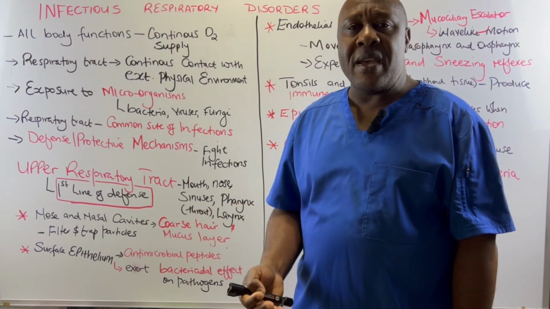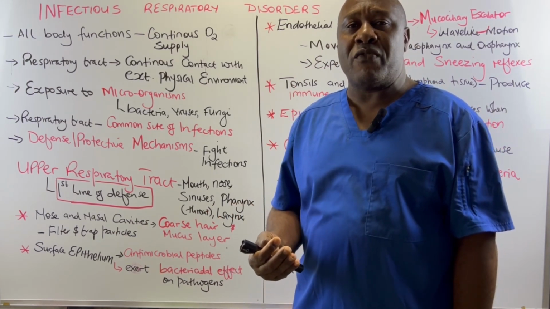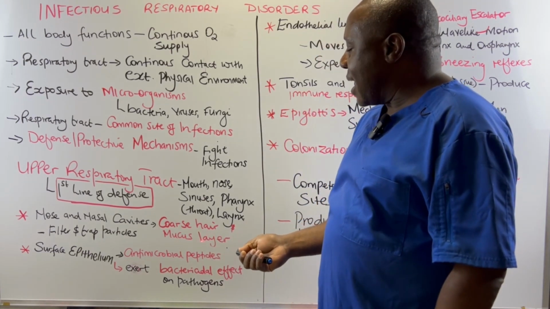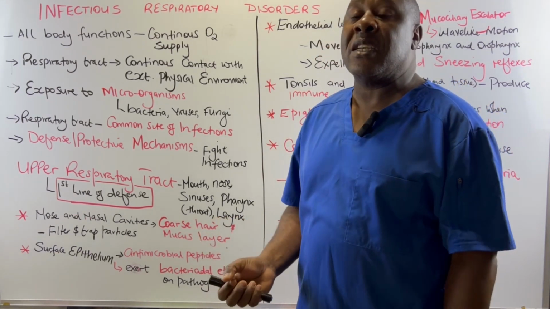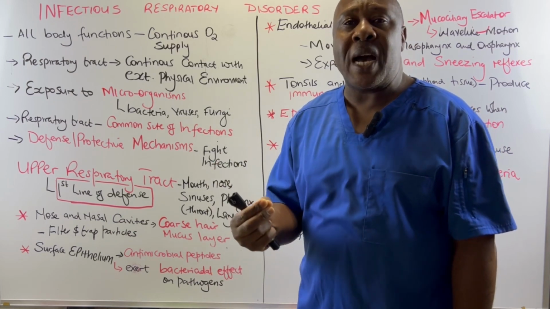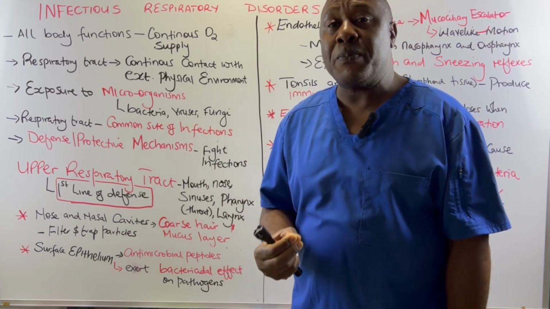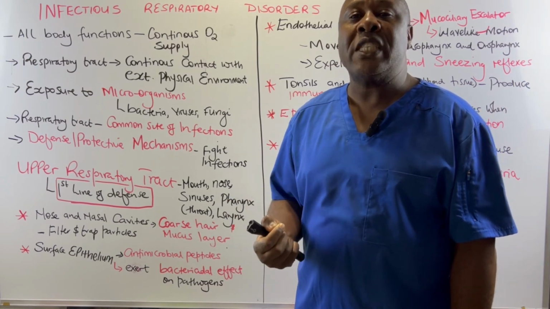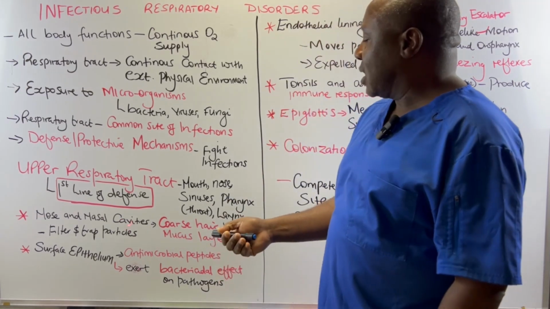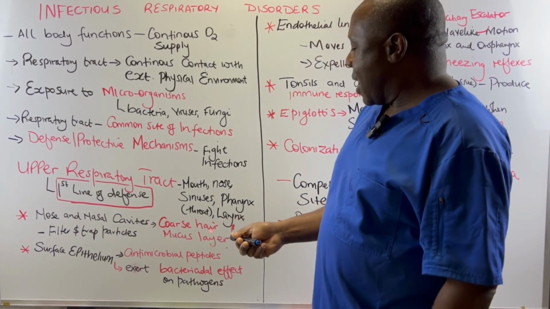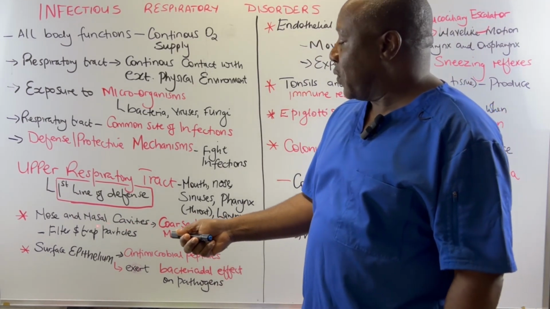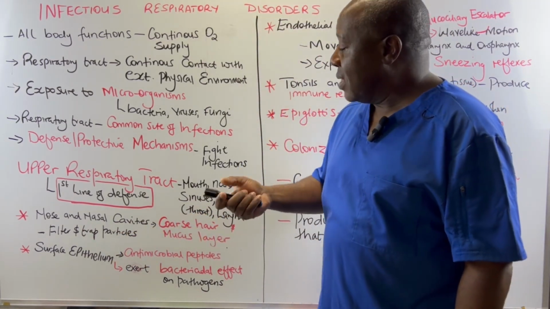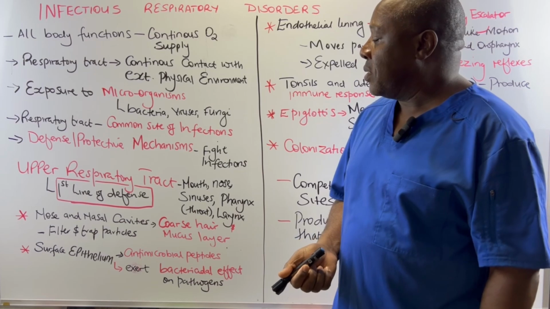As we breathe in air from the external physical environment, the work of the coarse hair and the mucus layers in the nose and the nasal cavities is to trap and filter out these particles so that they do not get access to our respiratory tract.